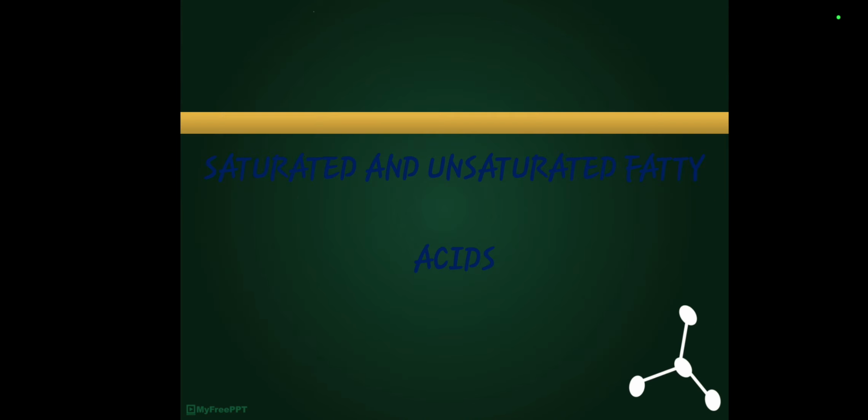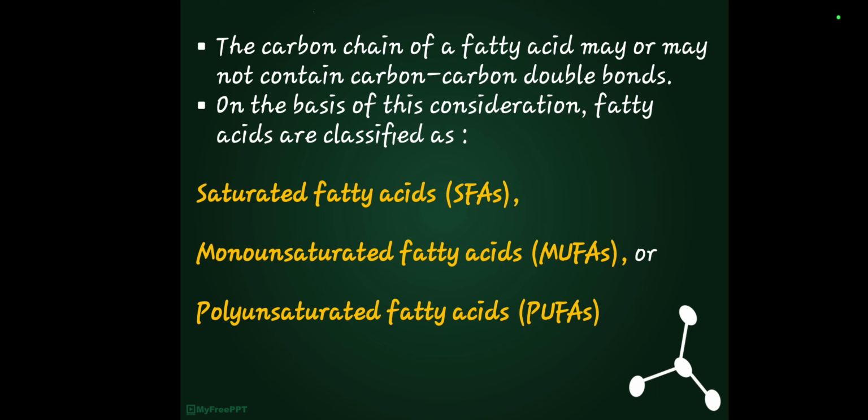Going forward, let's now go to the types of fatty acid, which are saturated and unsaturated fatty acid. The carbon chain of a fatty acid may or may not contain carbon-carbon double bonds. On the basis of this consideration, fatty acids are classified into 3.